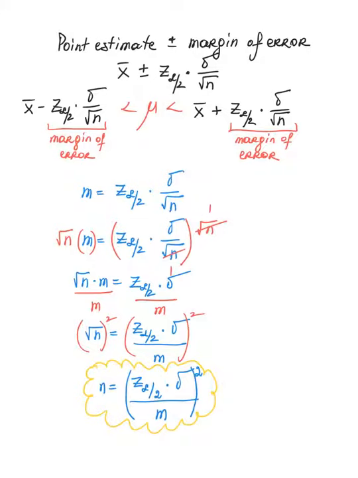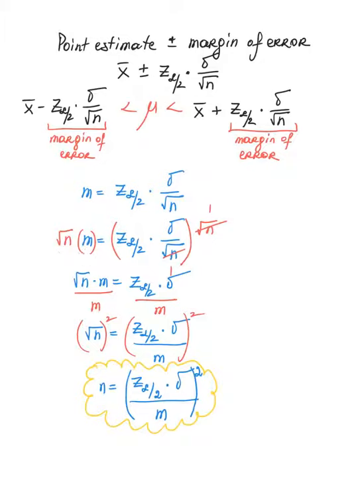First of all, let's pull square root of n out of the denominator, and we do that by multiplying both sides of my equation by square root of n. As I'm doing it on the right-hand side, the square root of n I multiplied here will reduce with the square root of n I had there in the denominator previously, leaving me with z sub alpha over 2 times sigma on the right-hand side and square root of n times m on the left-hand side.